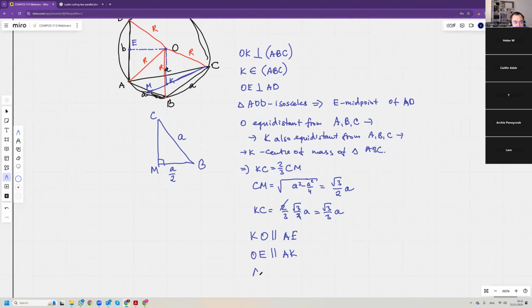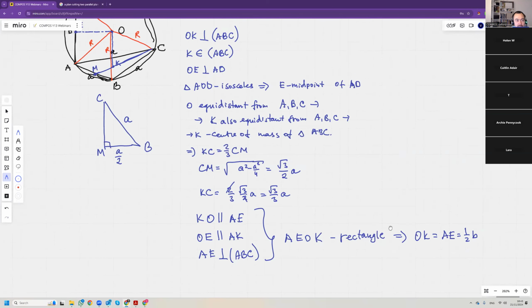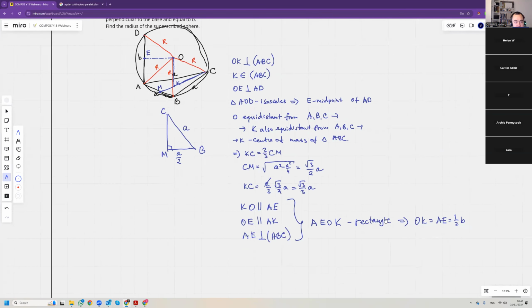And we know that AE is perpendicular to the plane ABC. From all of this, I make a conclusion that AEOK is a rectangle. And that means that OK is equal to AE, which is a half of B. So OK is a half of B.